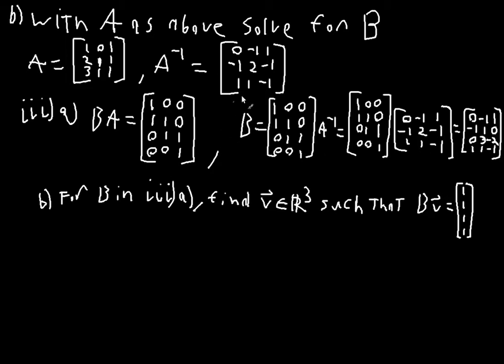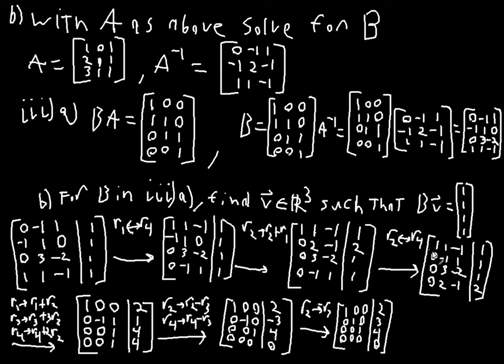The next question uses B from up here. So we have this value for B, and what we want to know is what value V can we get this vector? Now we could solve this in the traditional way, where we go ahead and write an augmentation with B on the left and 1, 1, 1, 1 on the right, and go ahead and row reduce and solve for V. And I went ahead and did that here.